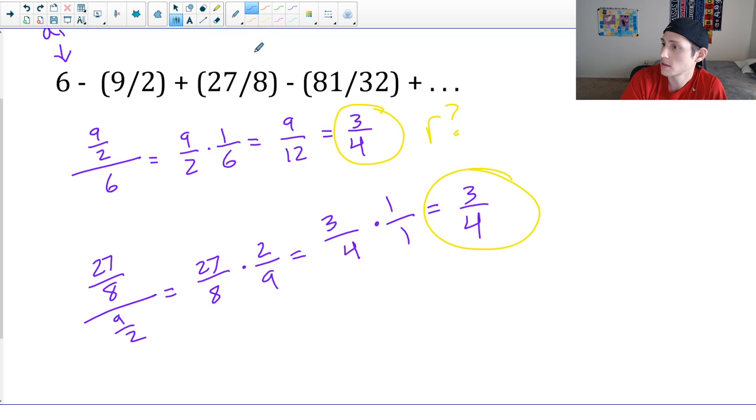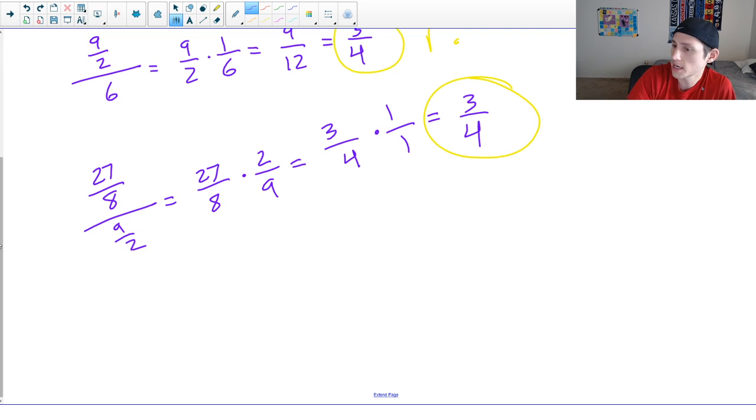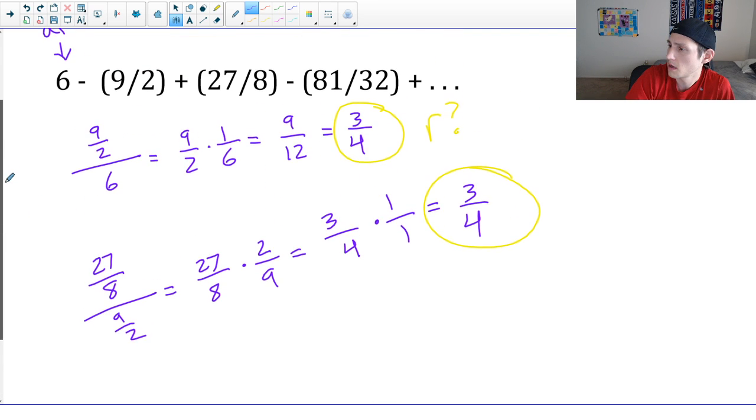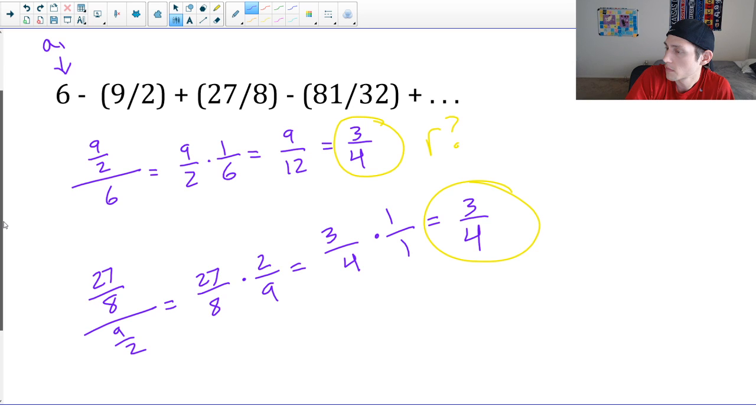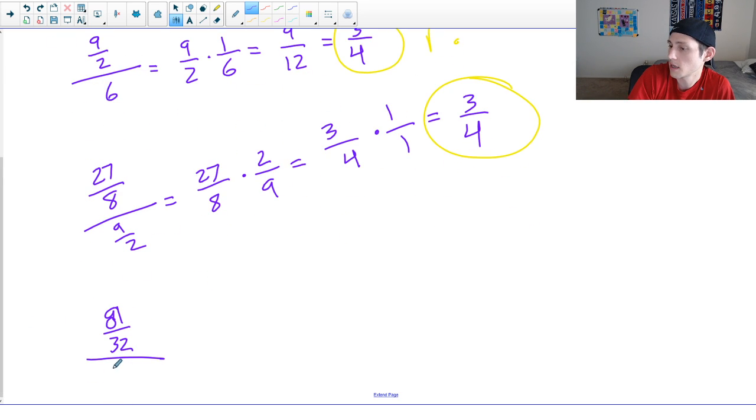Okay, and I could check and do the same thing. 81/32 divided by 27/8. If I did this, I would also get 3/4.